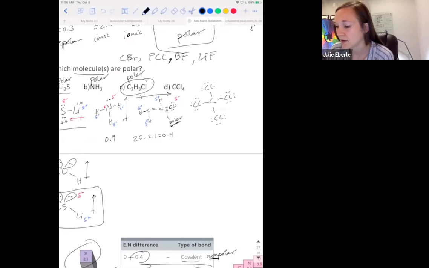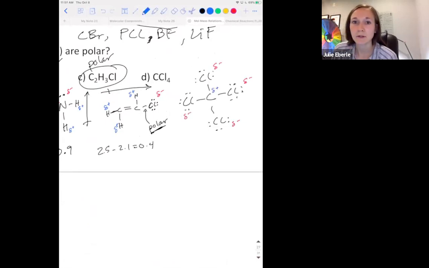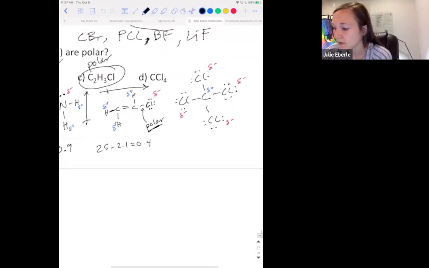So the chlorines are electronegative, and they're the partial negative portion. The carbon is the partial positive. Okay. So can I draw dipoles in? I can, pointing towards all my chlorines.